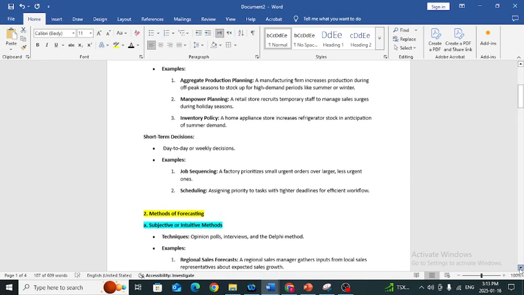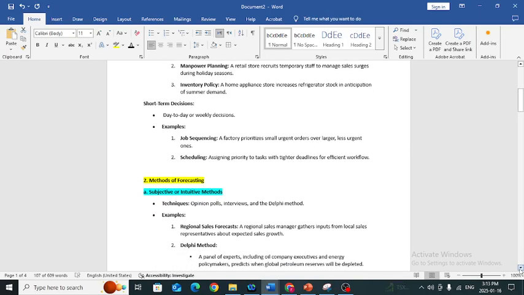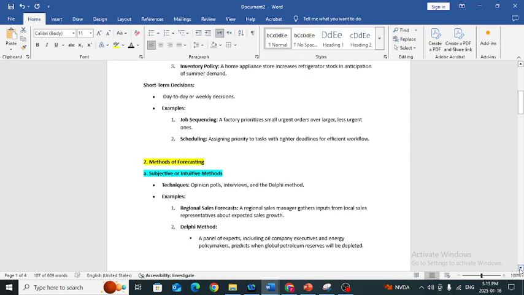As I told you, I bring some methods that you can use for forecasting in every business. The methods of forecasting encompass several parts. The first is subjective or intuitive methods. The techniques for these methods are opinion polls, interviews, and the Delphi method.